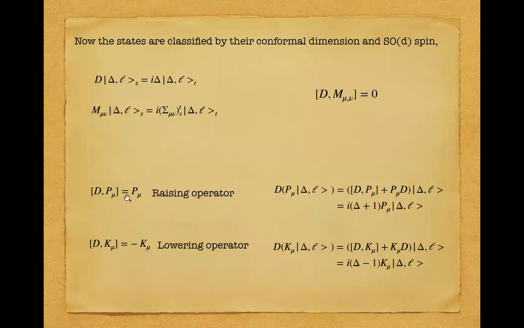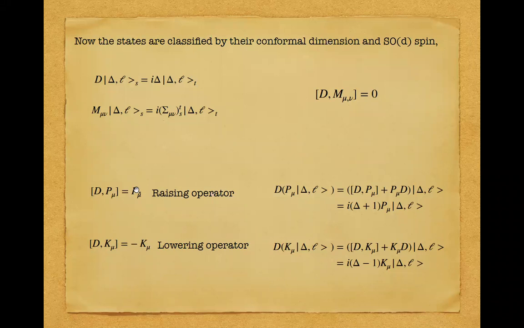You have written P mu. Okay, so I have missed it. It should be proportional to P mu. That's what is important. So the D, P mu commutator should be proportional to P mu.